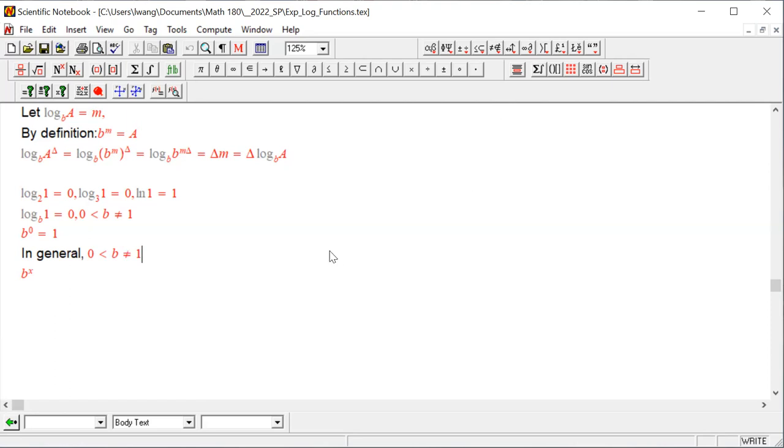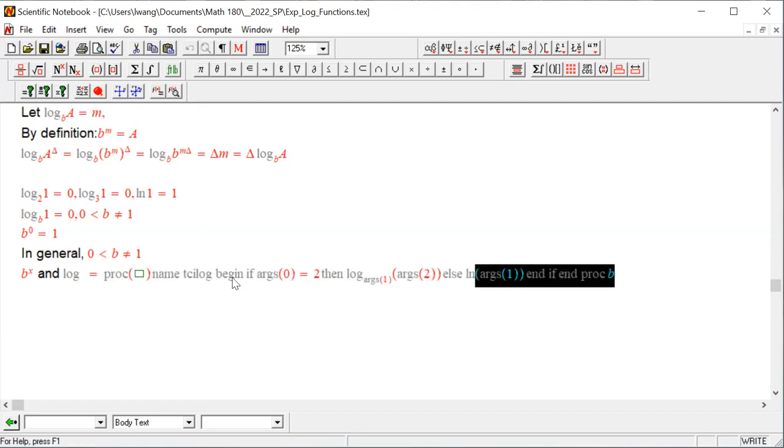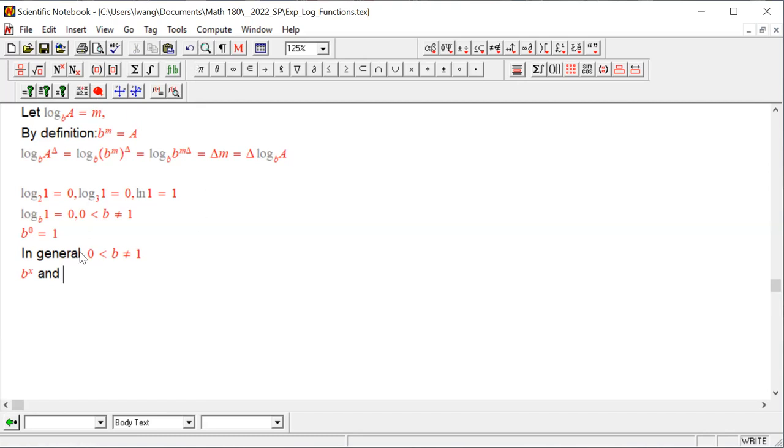b to the power x and log base b, these two functions are inverse to each other.